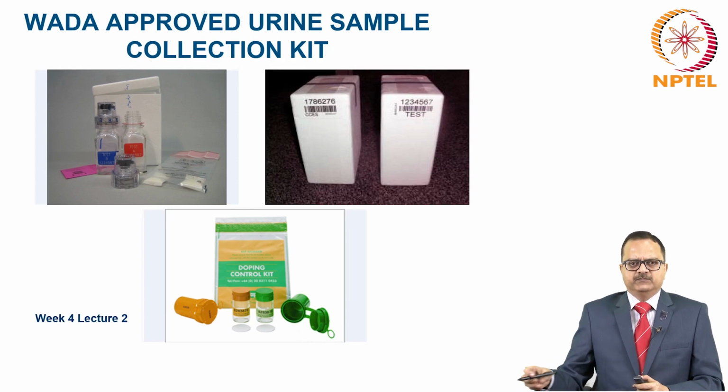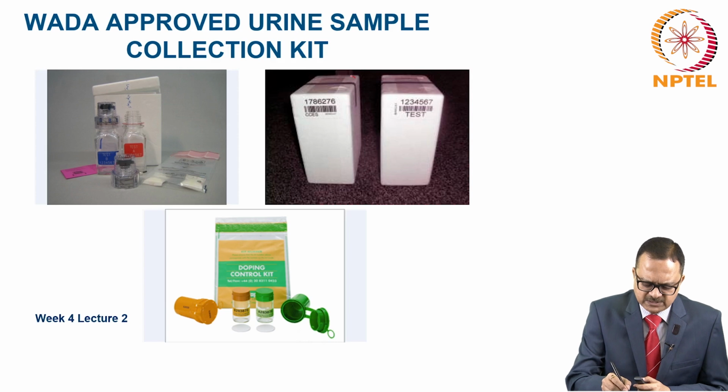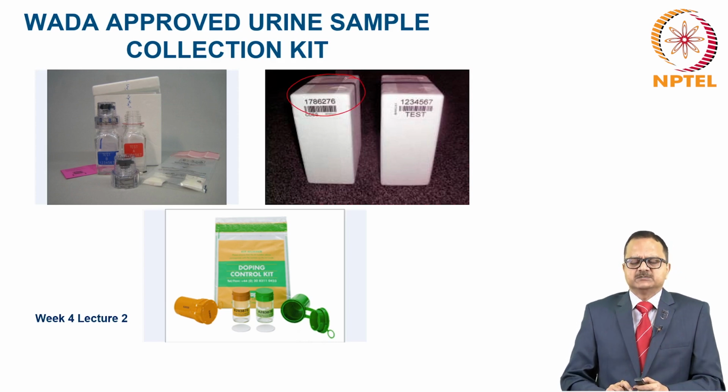Now, if you look at this sample collection kit, there are different types of sample collection kit depending on the company which manufactures the sample collection kit. Now, if you look at the container, you will see that the box is made of thermocol and it has a tape.